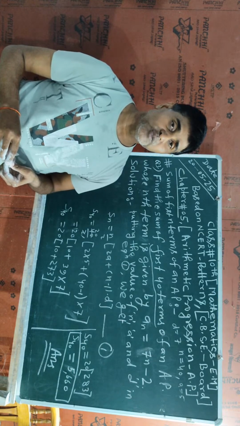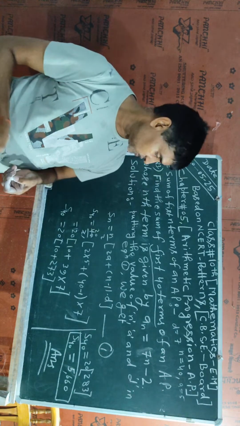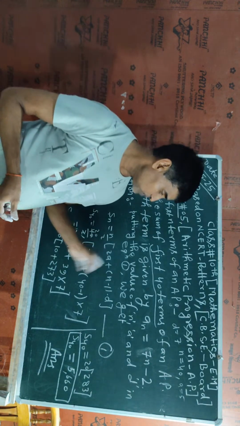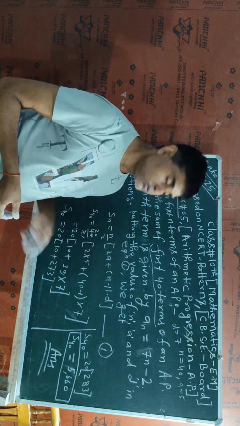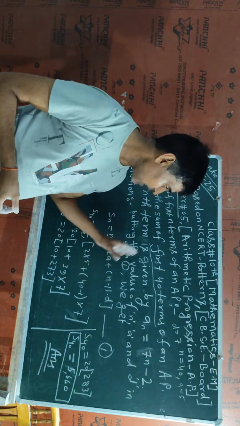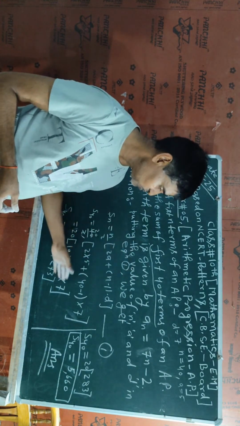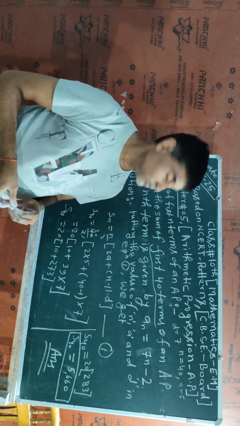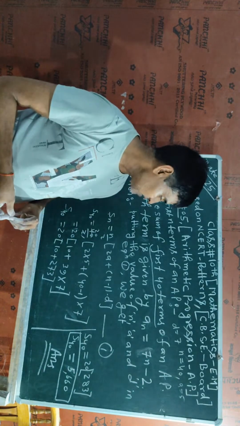In other words, second term minus first term. Okay students, so that formula I will use, and after using it I will simplify the expression, and after simplifying we will get the answer of the given question. So according to this way I will solve it.